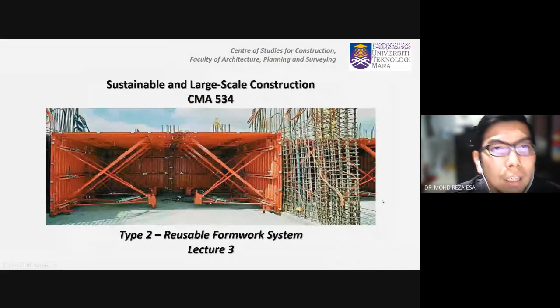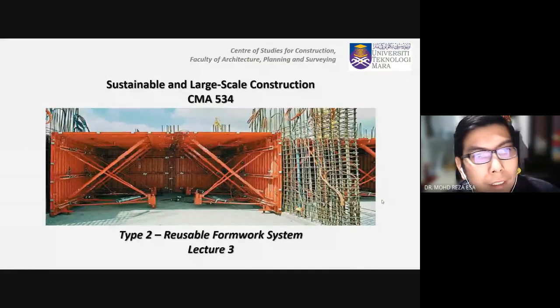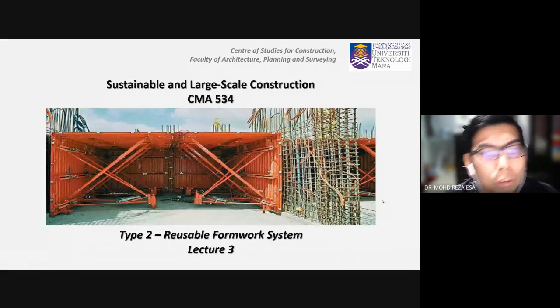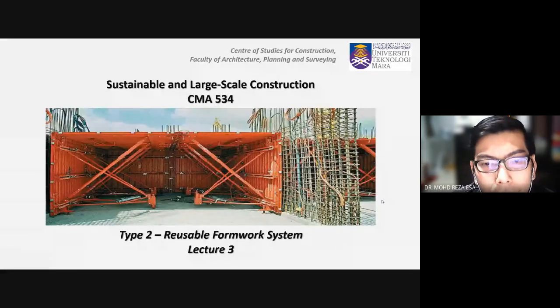Okay, so for today's lecture, we are going to continue with another types of IBS. If you still remember, we have 6 types of IBS. Last week, we discussed the first type of IBS, which is precast framing system.